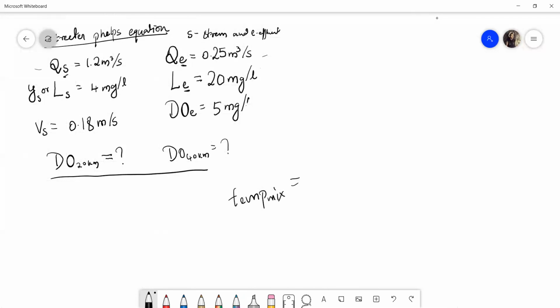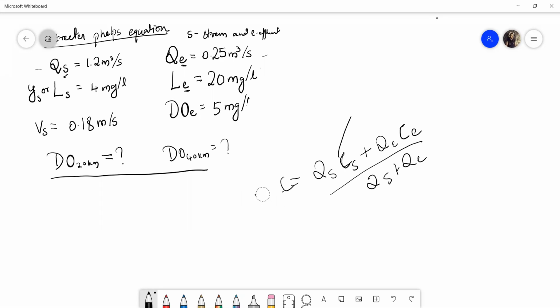And you know the formula, that is (Qs × Cs + Qe × Ce) divided by (Qs + Qe). So this is the formula that we use for finding out any concentration. If we want to find out the C, or C mix, the combined concentration, we use this formula.